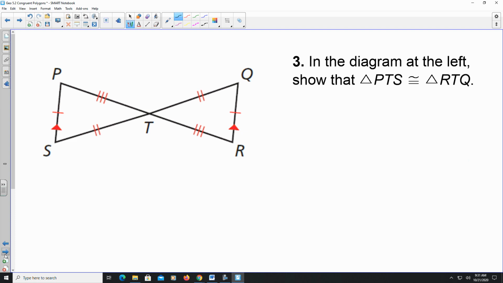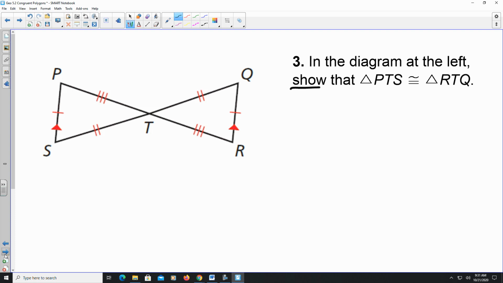Okay, so here it says in the diagram at the left, they want us to show that triangle PTS is congruent to triangle RTQ. All right, so they wanted to show it. They gave us a possible congruency statement.